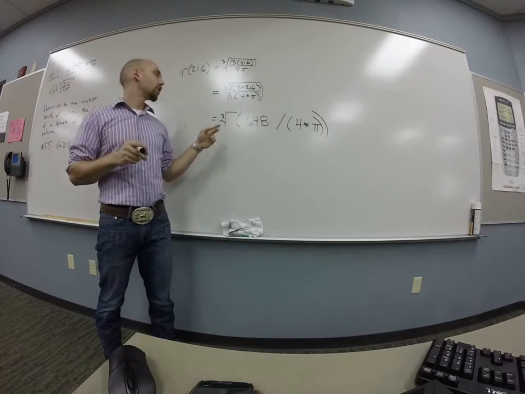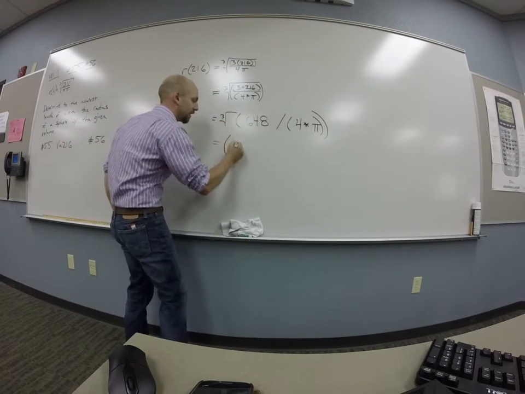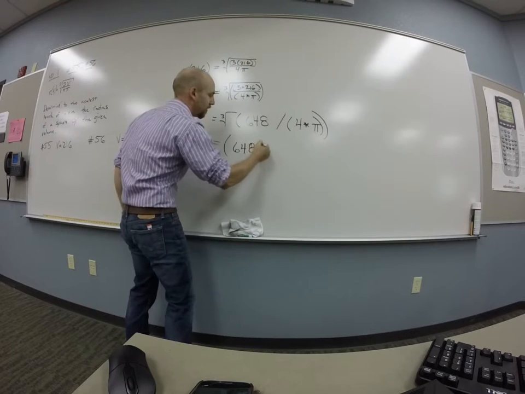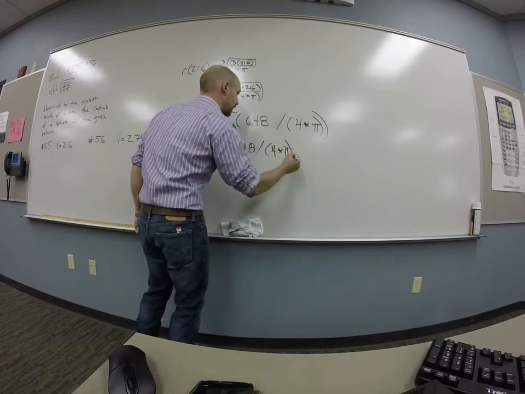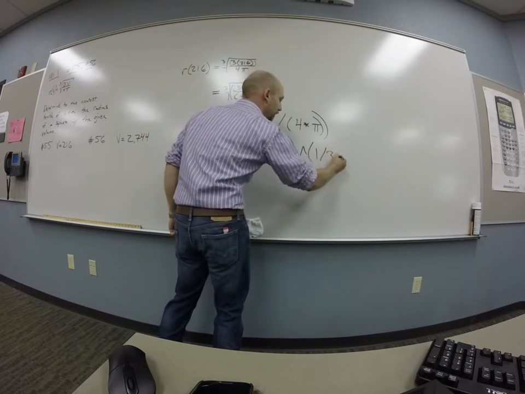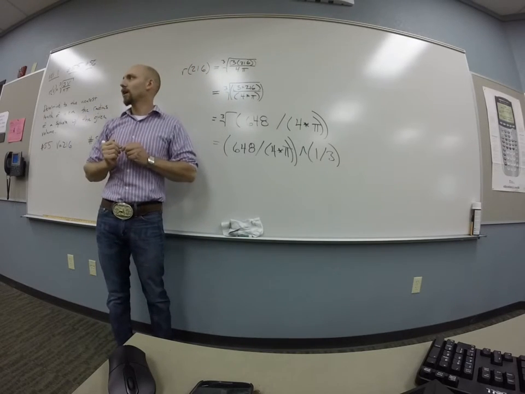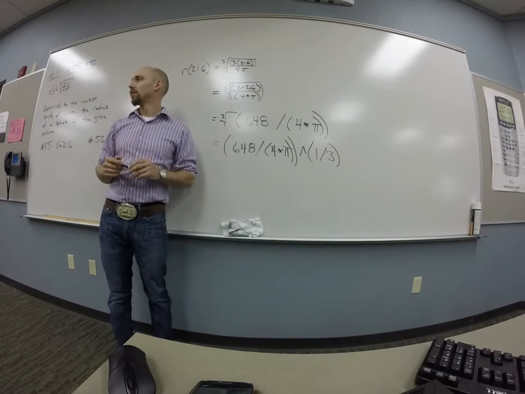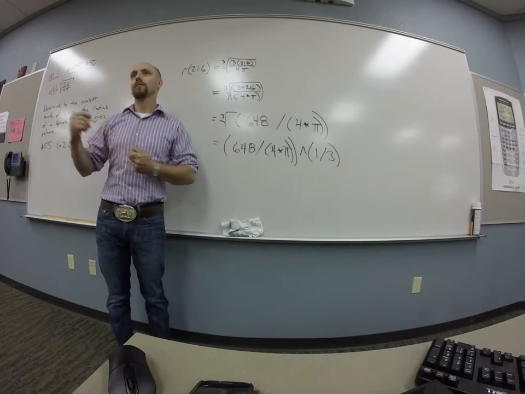Another option would be you take 648, divide by 4 times pi, and then raise everything to the 1 divided by 3. This is also an option for getting a cube root. So either of these will give you a calculator answer.